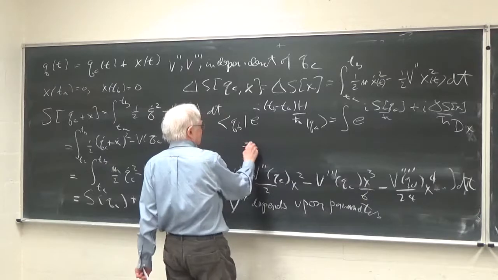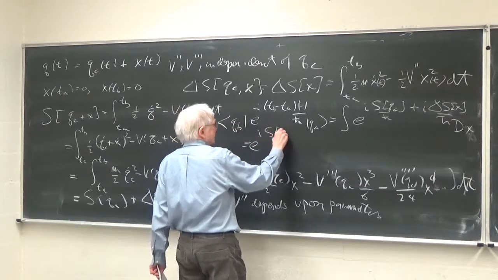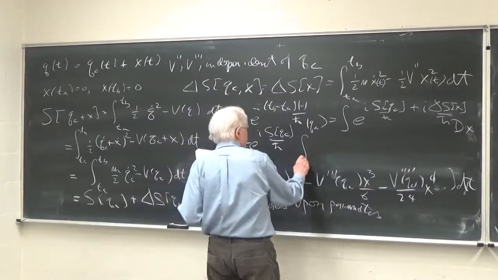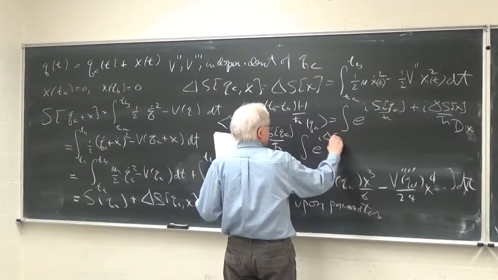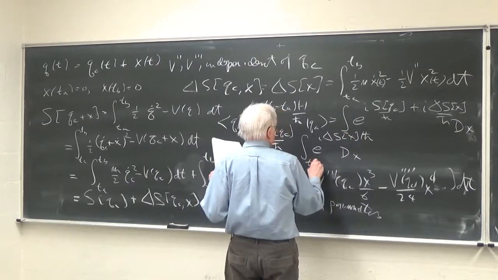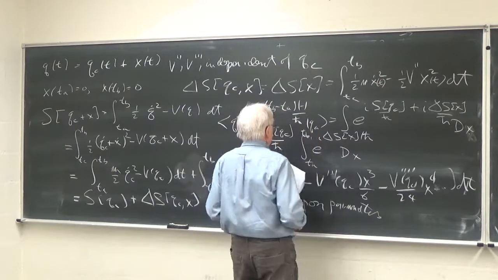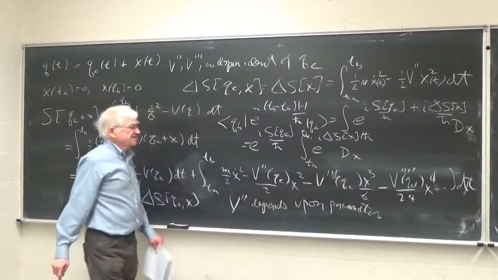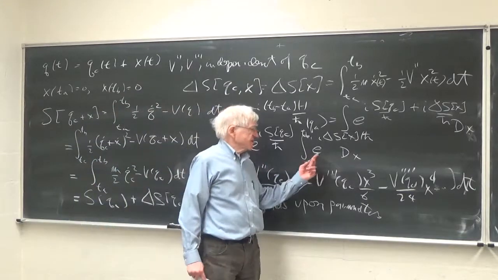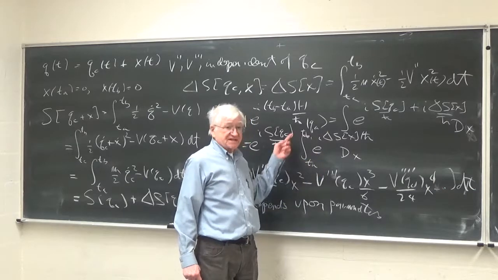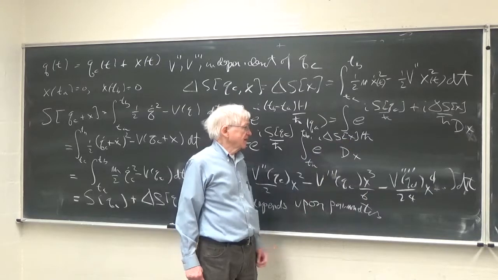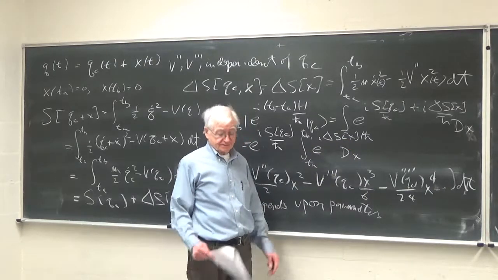And so this is actually e to the i S of q classical over h bar times the integral of e to the i delta S of x over h bar dx from t_a to t_b. So this is a phase of the classical action in units of h bar. This thing is something that depends upon the time interval. It depends upon the parameters of the theory, but it's independent of the classical path.